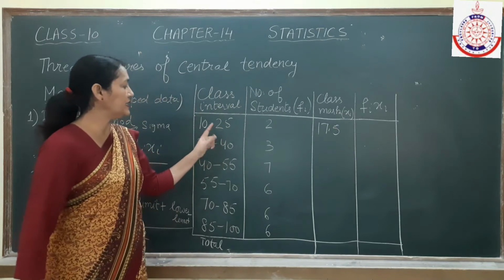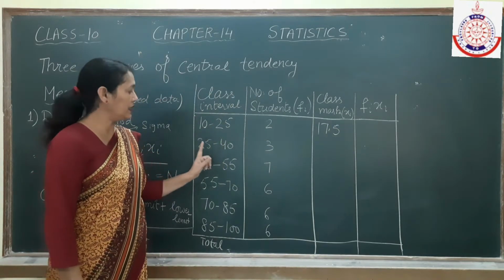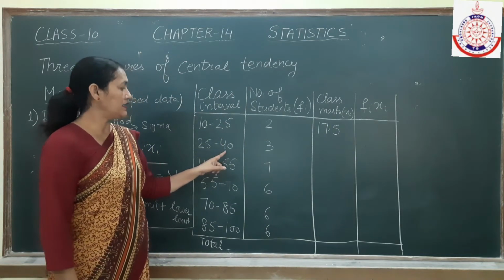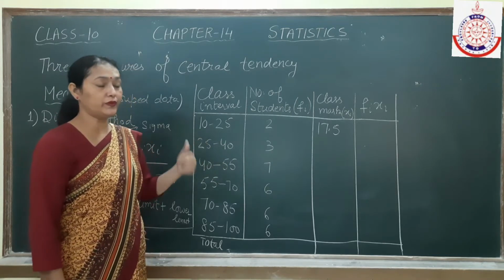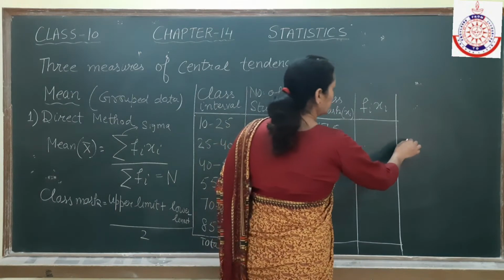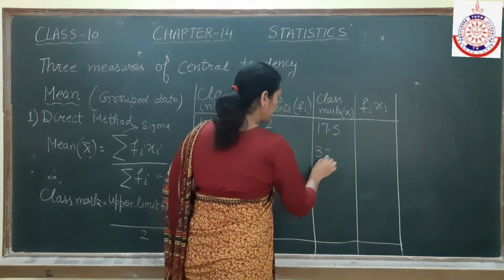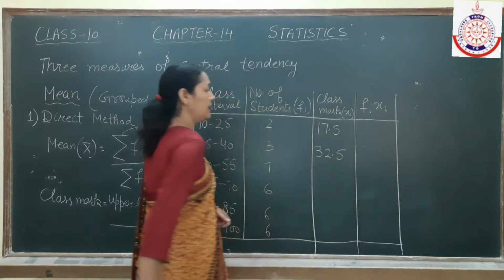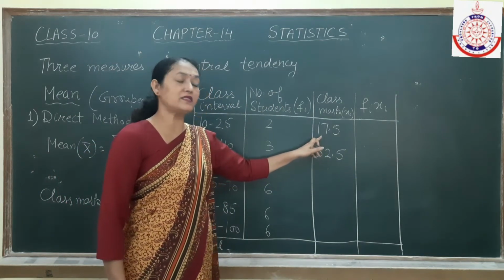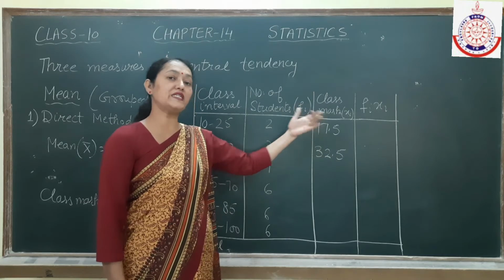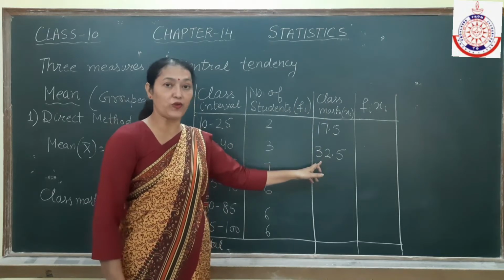We are finding center of these two numbers. 25 and 40, 65. 65 divided by 2 will give us 32.5. Here again, if you check, simply add 15 to this 17.5. 17.5 plus 15 will again give 32.5.